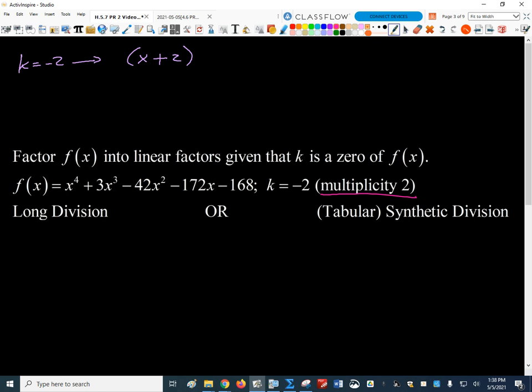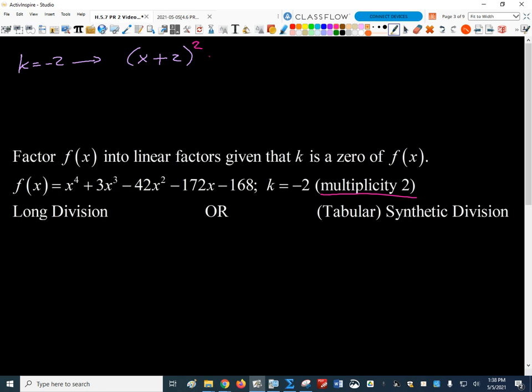Adelaide, what's that tell us about that factor if the multiplicity is 2? That means that, remember, that's a double root or a double 0. It counts twice. So what's the only way we're going to get 2 zeros out of that factor? If it's squared, exactly, right? So that's telling us that, isn't it?